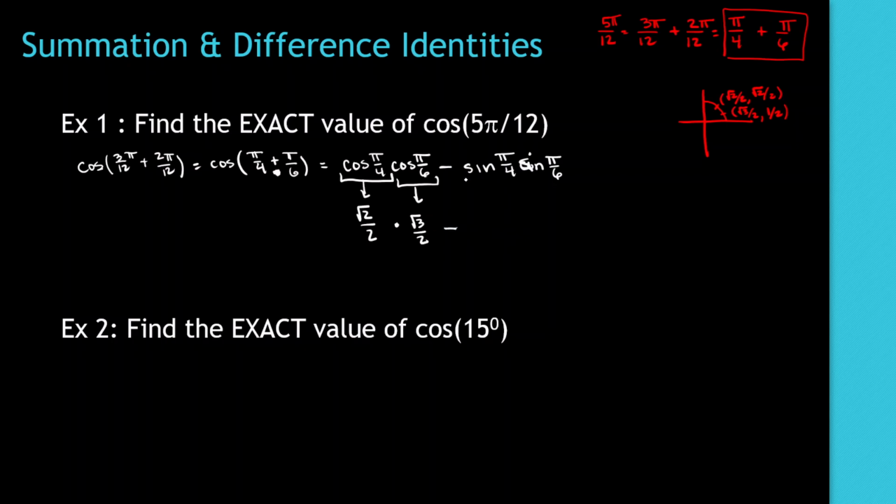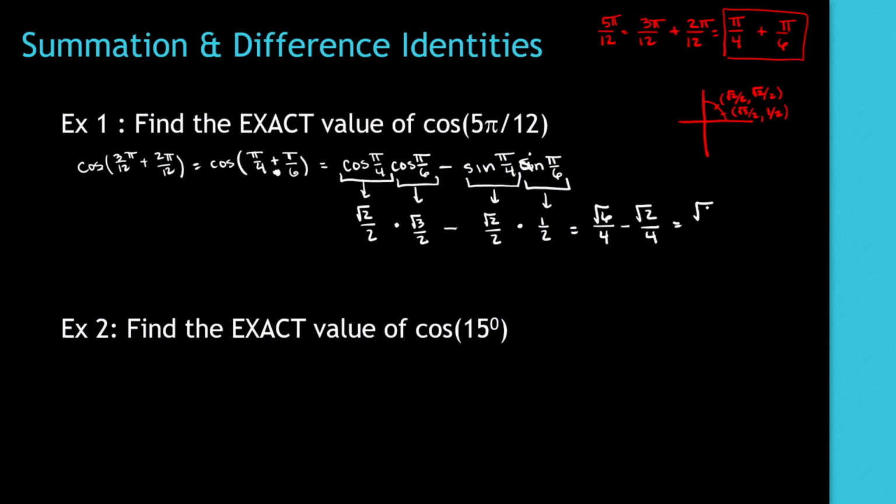Then we subtract, and sine of pi fourths is square root of 2 over 2, and sine of pi sixths is a half, and I'm multiplying those two together. Now I have square root of 6 over 4 minus the square root of 2 over 4.